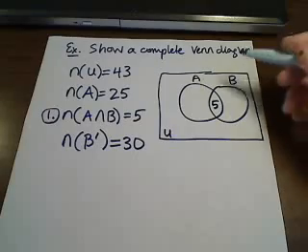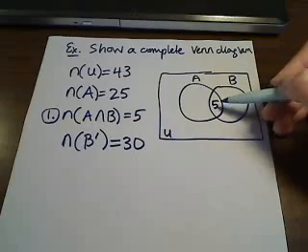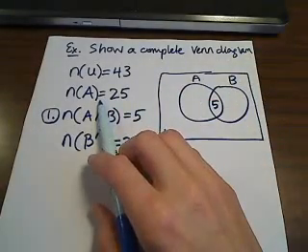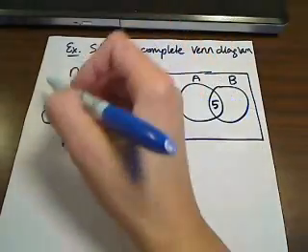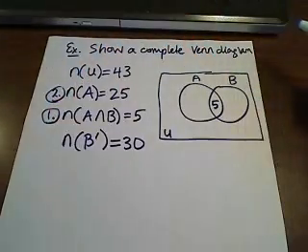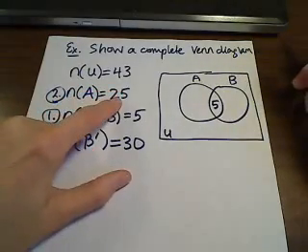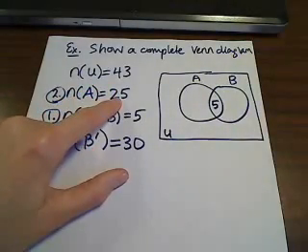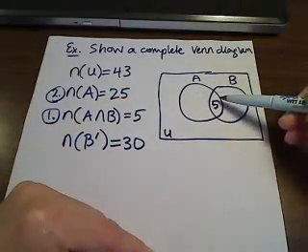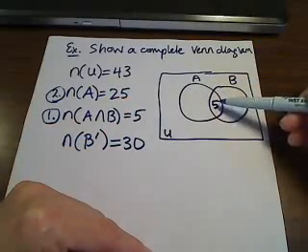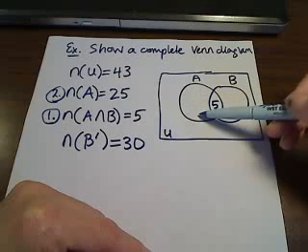All right. Now, once I've done that, I can go and look at this one next, number of elements in A. Because what this is telling me is that the number of elements in the entire set of A is 25. Well, the entire set of A involves this region right here and this region right here.